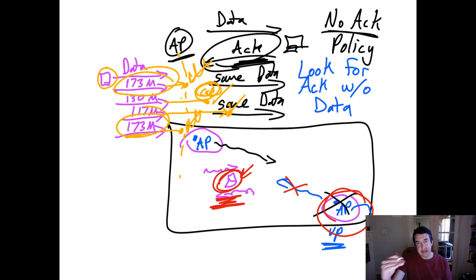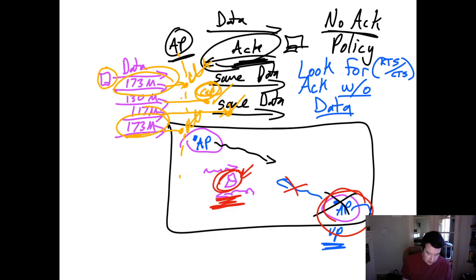You can also look for request to send and clear to send handshakes, again, without data. If I see request to send, clear to send, but then no data following it, or if I see an acknowledgement but no data above it, that kind of tells me I probably missed the data.